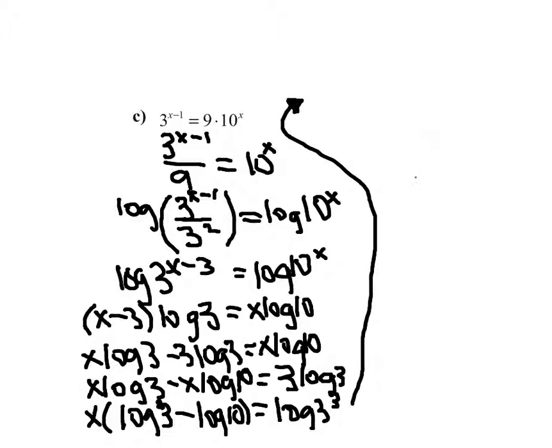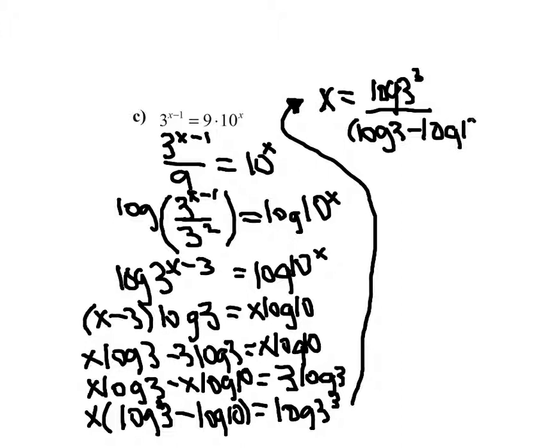So now that we have the x factored out, we can move everything to this side except for the x. So we're equating it to x. So x equals log 3 cubed over log 3 minus log 10.